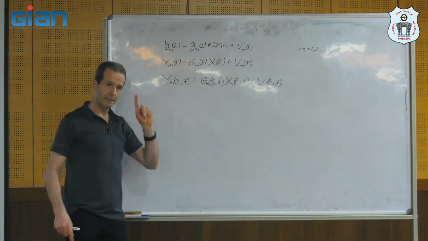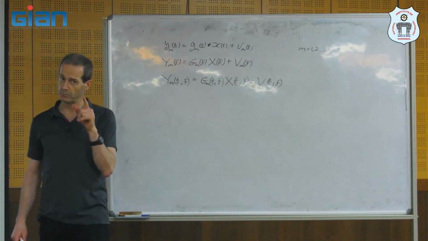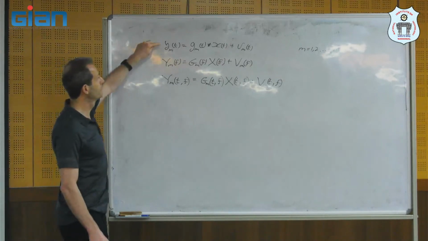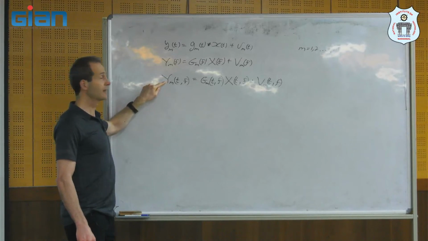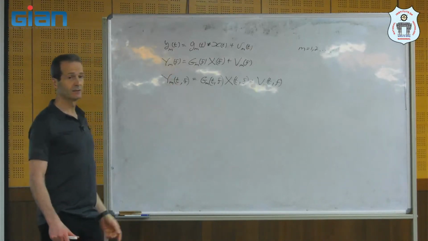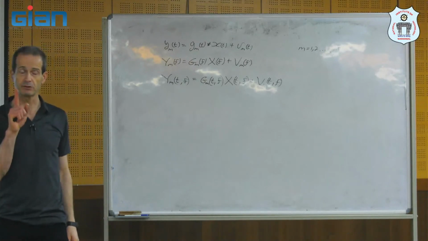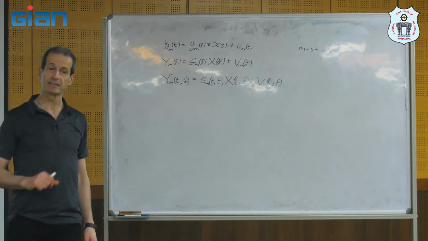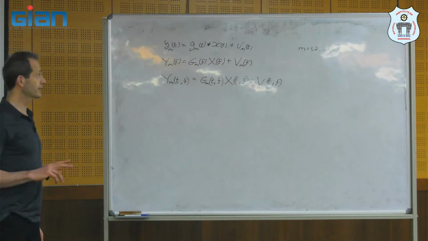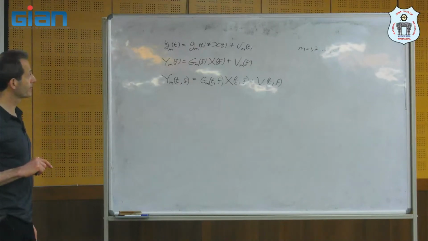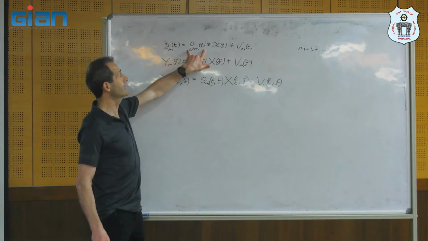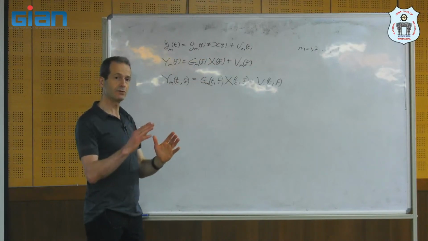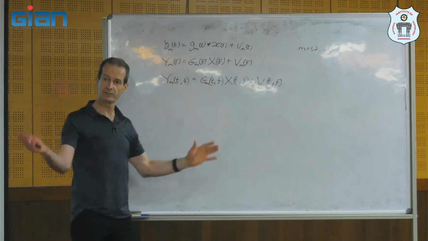Here we make a very important assumption. When we come from the time domain to the time-frequency domain and write it like this, we made a very important assumption that you need to be aware of. Actually there are two assumptions. First, that the extent of the impulse response is sufficiently short and smooth with respect to the window of the short-time Fourier transform.